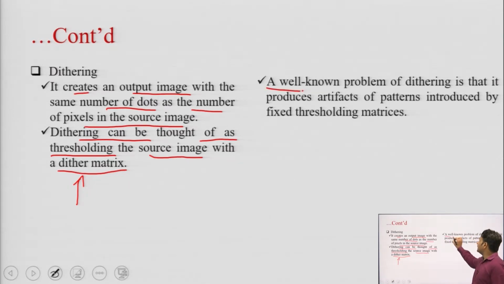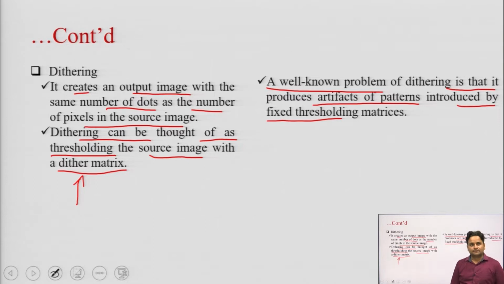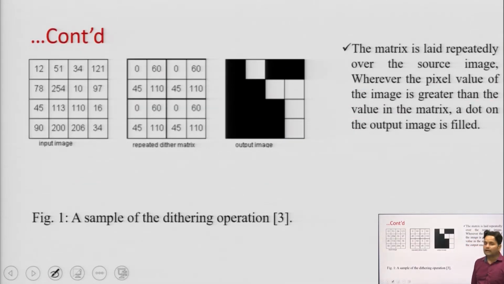A well-known problem of dithering is that it produces artifacts of patterns, which are introduced by fixed threshold matrices.